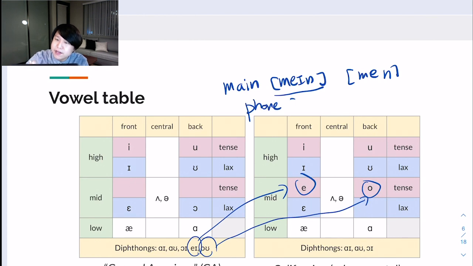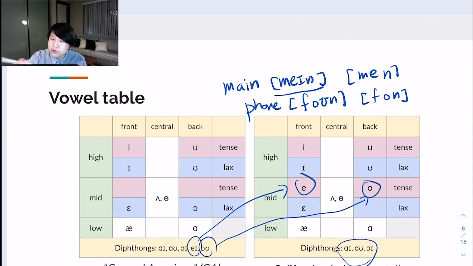In General American accent, you will say phone as a diphthong, but in Californian accent, you'll say this as phone. That's the difference. So in Californian accent, they lost two diphthongs. They have only three diphthongs: ai, au, and oi. And they have two more monophthongs, that is e and o. So that's the difference.